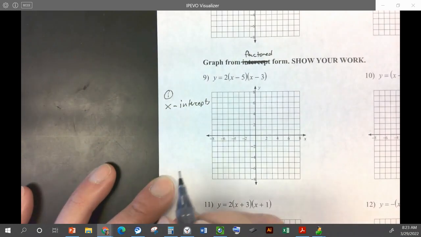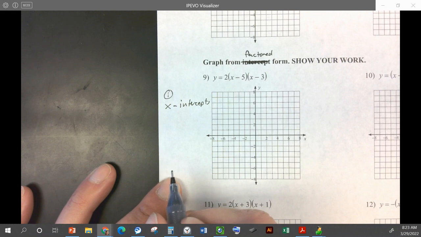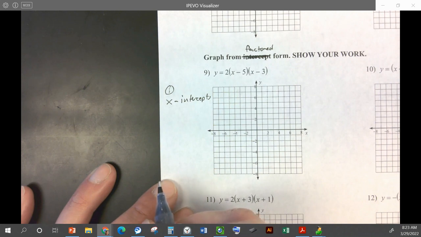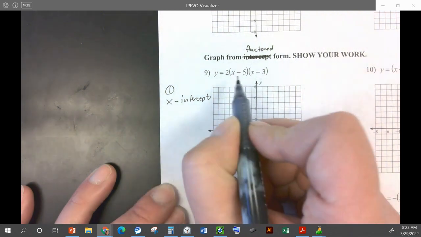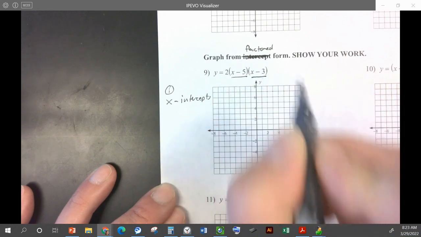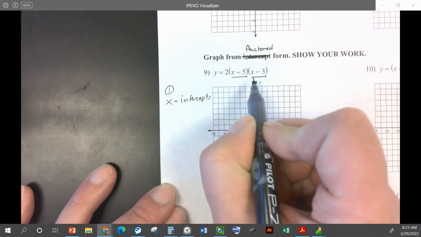All right, so our first step here, we need to find the x-intercept. Do you remember that? How do we find the x-intercept? Does this look familiar? That's okay. This is the one where we have x minus 5 and x minus 3. We're going to set both of these terms to 0.